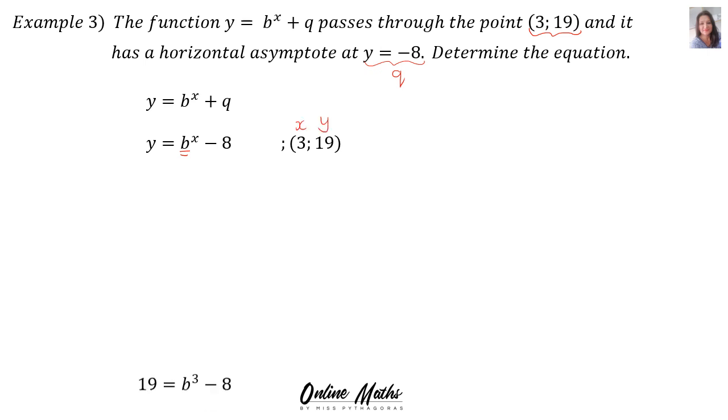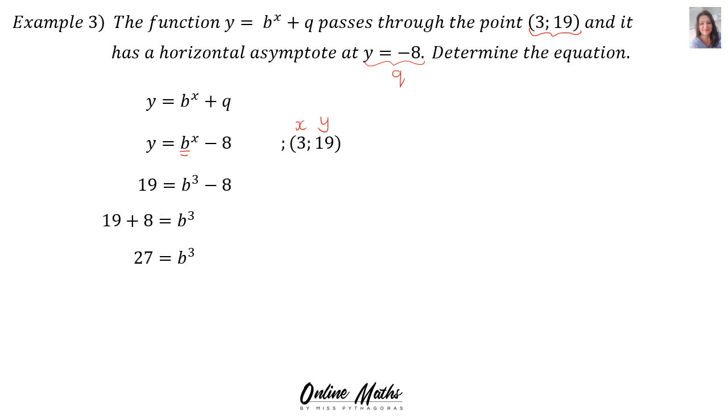In y's place, we substitute 19 equals b, and in x's place, 3 minus 8. And now we will solve b. Negative 8 walks across, 19 plus 8 is b to the 3. 19 plus 8 is 27, is b to the 3.